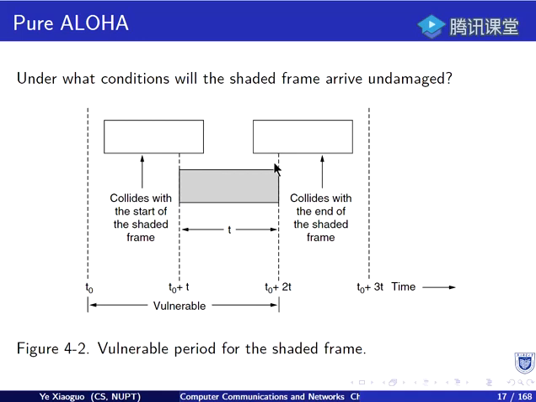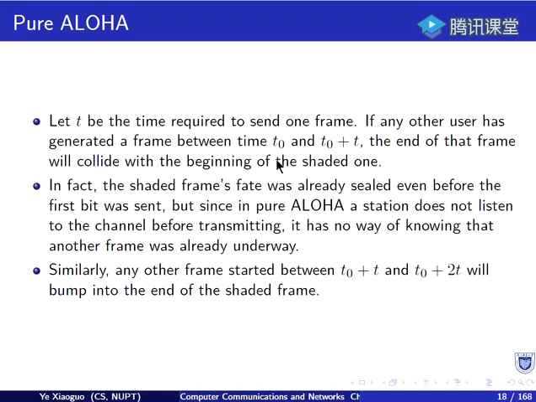Then if the beginning of a frame lies in the second slot, between T0 plus t and T0 plus 2t, there is also a collision, right? So in fact, the shaded frame's fate was already sealed even before the first bit was sent.